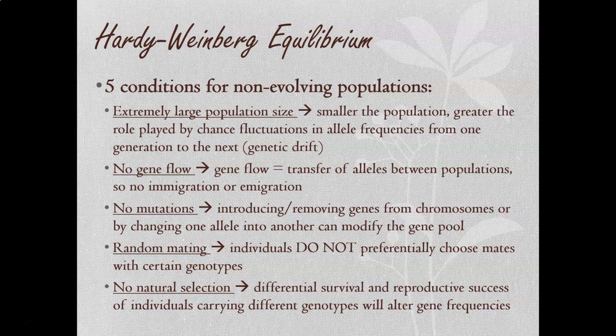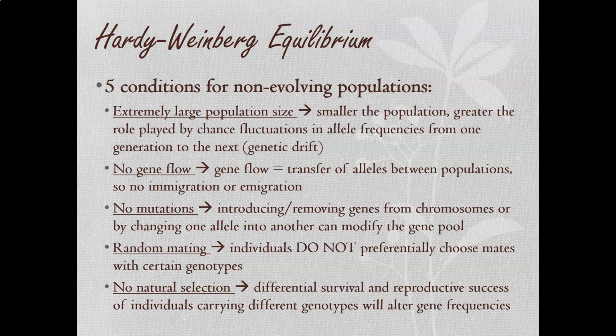And so the bigger the population size, the less likely we have for those sorts of fluctuations to occur at random. And so any fluctuation we see is more likely a result of things like natural selection, choosing, quote unquote, a trait because it's beneficial. We also can't have any gene flow.